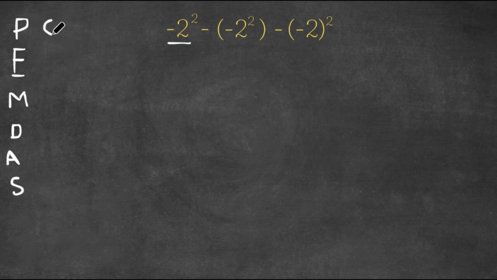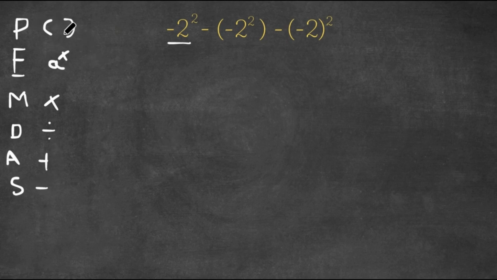So P stands for parentheses, E stands for exponents, M stands for multiplication, D stands for division, A stands for addition, and S stands for subtraction.